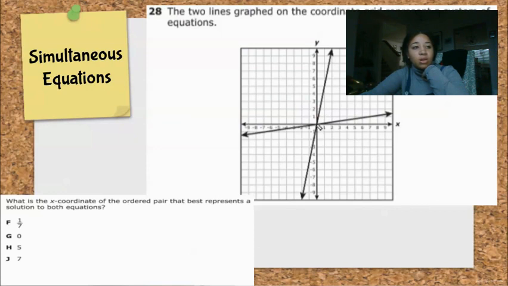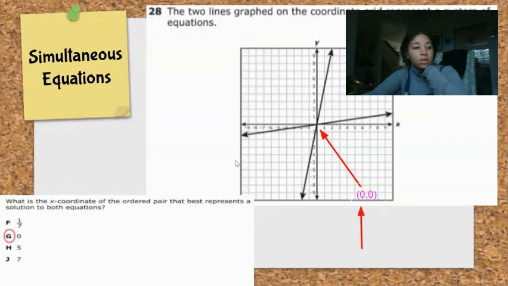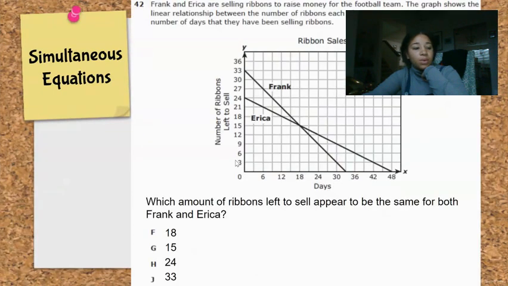So that is going to be the solution for these simultaneous equations. So it would be 0. X is our 0 value. Okay. Now, next. 0, 0, x is 0, so that's how we have that.